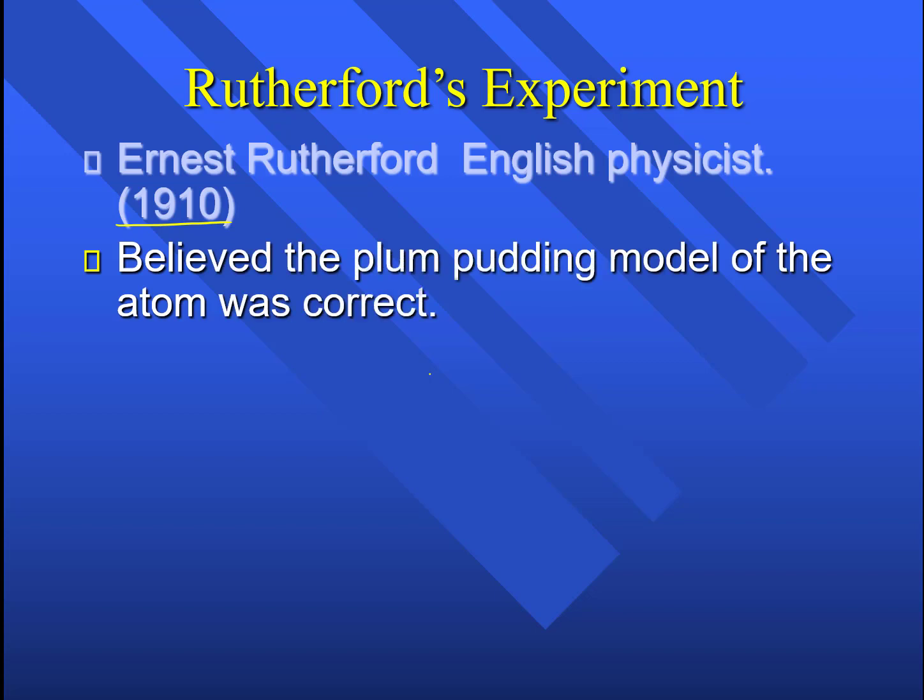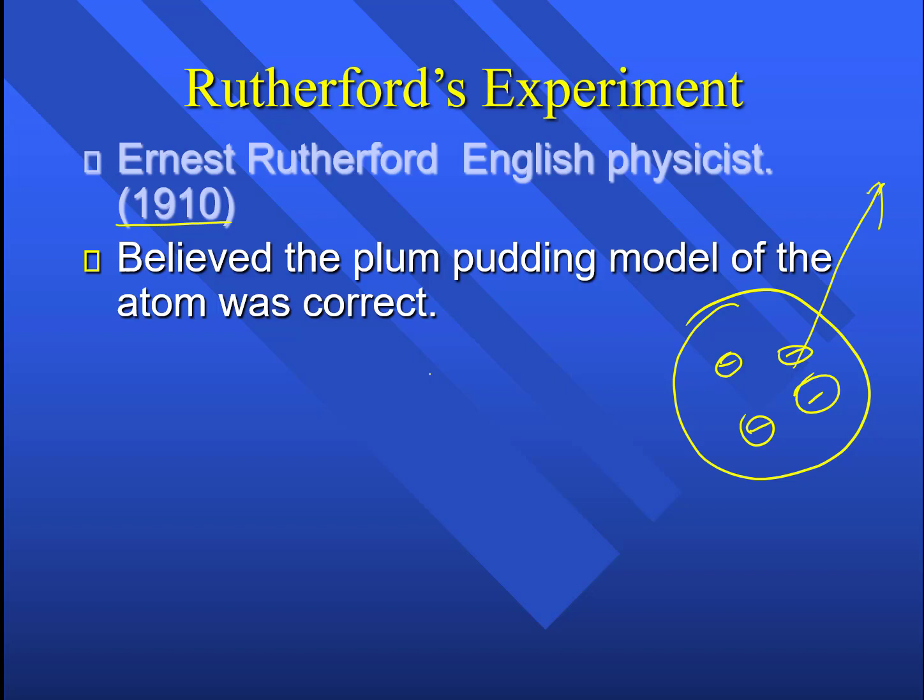And because he worked with Thomson, he thought the plum pudding model of the atom was correct because it explained everything they saw. A bunch of negative pieces stuck in some positive stuff. It explained why you could get the negative pieces to jump but not the positive, because the positive was too big to jump.